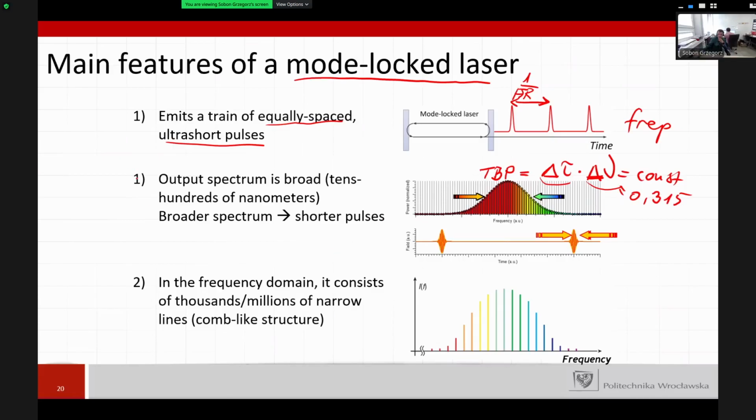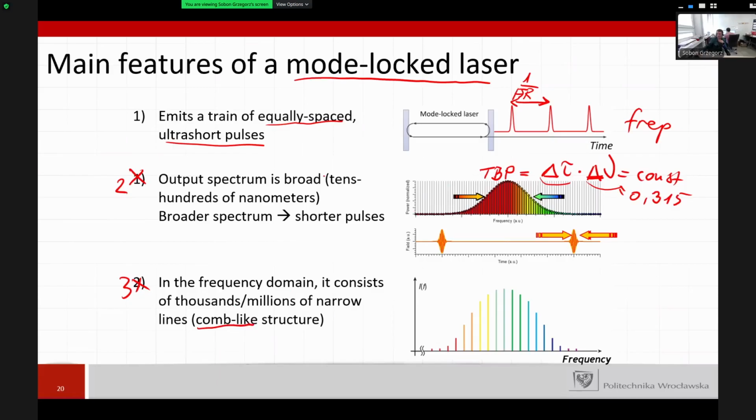Yeah, and the third feature of a mode-locked laser is that if we look at the output in the frequency domain, it consists of multiple individual narrow lines, and it has a kind of a comb-like structure.